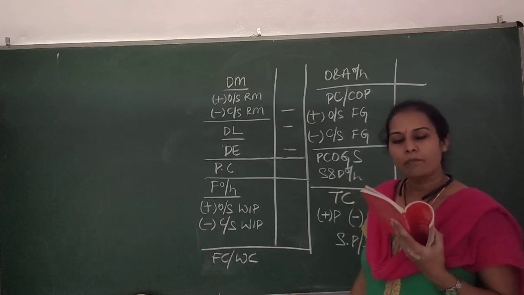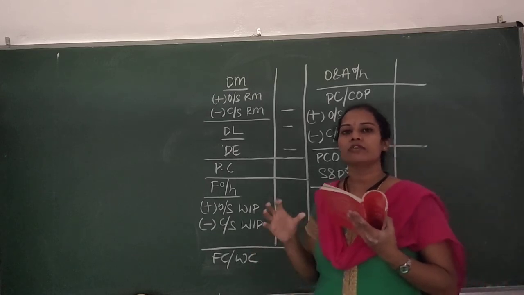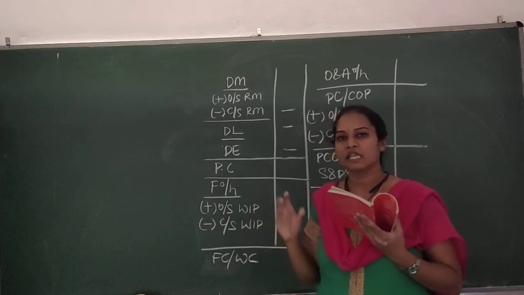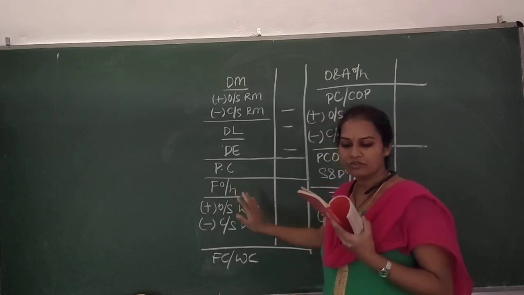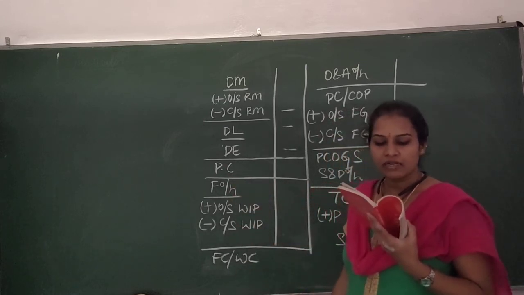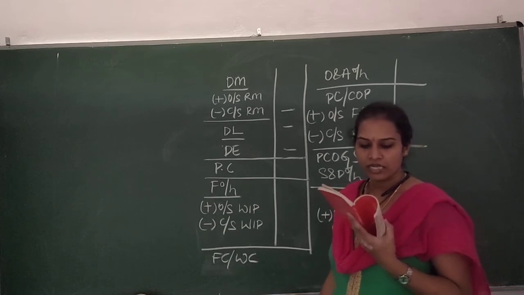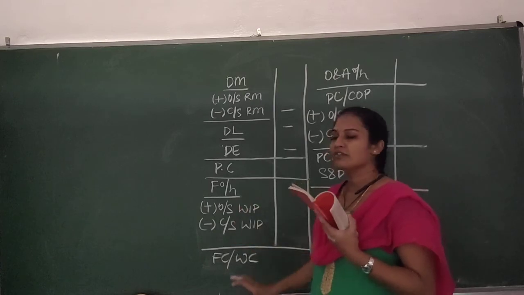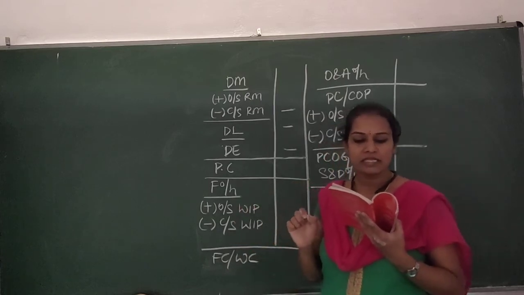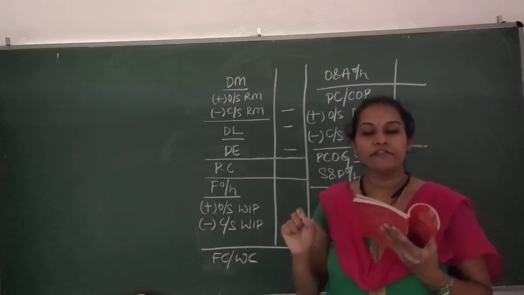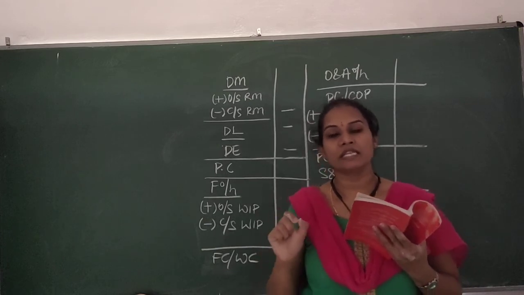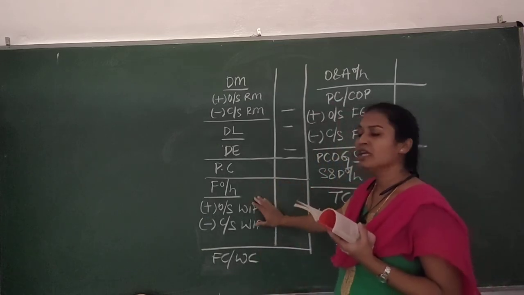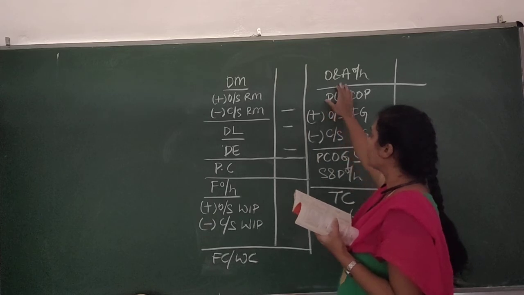Idle time of operator, something related to working with the machine, goes under your factory overhead. Rent and rates, sorry, I forgot to tell you about power. Power will go under your factory overhead. However, it says that 10% is for office use, so the remaining 90% will go to factory and 10% will go to office and administration overhead.